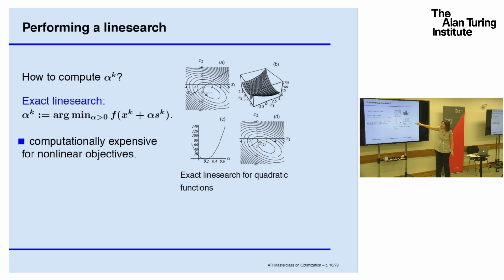I minimize this to find my step, and that's how far I will move along Sk. If I return to my function, that's where I will go next. This is for quadratic functions, where we have an explicit formula, so we can do this. Great. But we cannot do this for non-convex functions. So this is the reference line search, but you don't ever really do this.